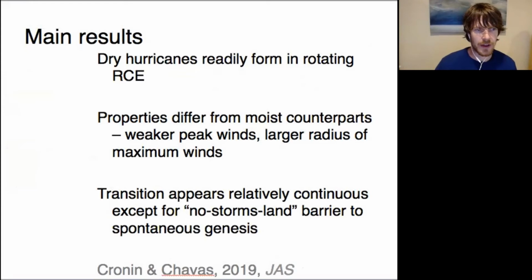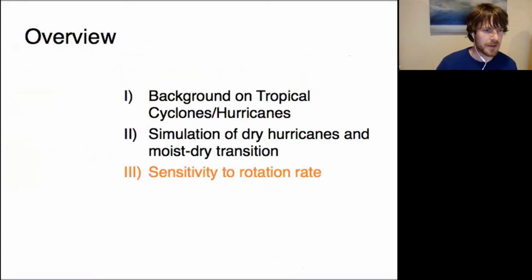Okay, so I think I have a bit of time where I want to talk about sensitivity to rotation rate. This is one of many more questions that spin off from this work and that I'll cover in a small amount of detail. This started with a fun question, because we wanted to fit more storms into the box.